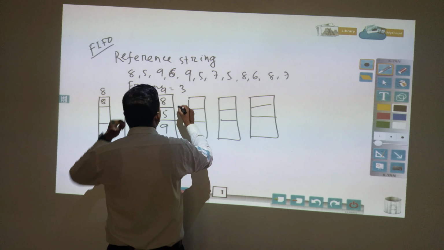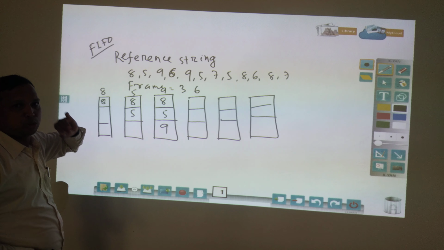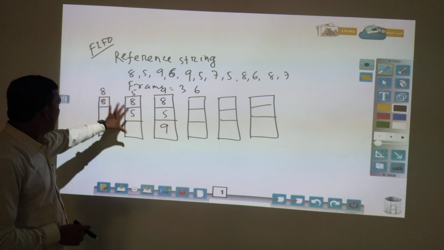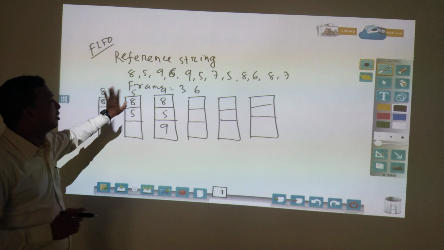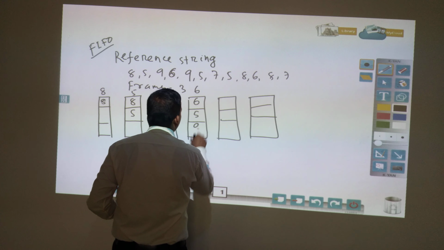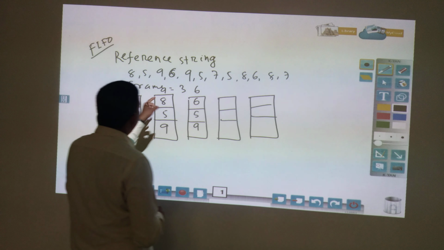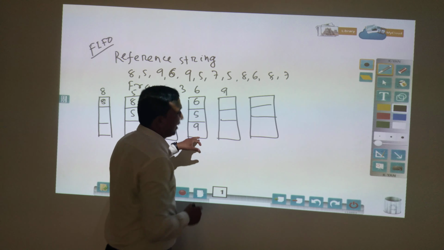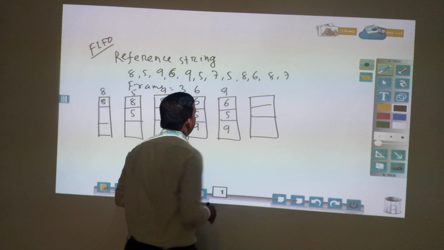But in this frame there is no 6. So replace the string which is first inserted. In previous the first inserted is 8. So replace it. So the new frame is 6, 5, 9. Again new string is 9. So 9 is already there. No need to replace it. It means the same thing 6, 5, 9.